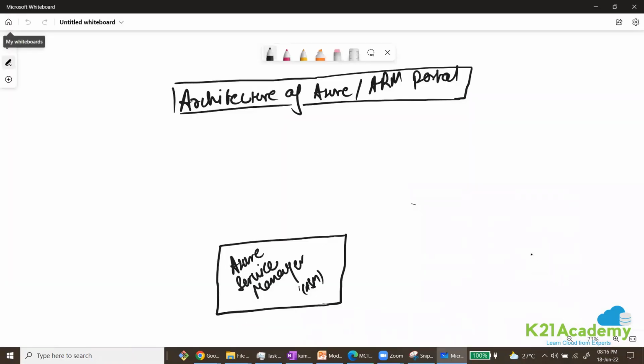Coming back to the topic, I was discussing Azure Service Manager. When this portal used to be there, there were a few people who had almost administrator level access.